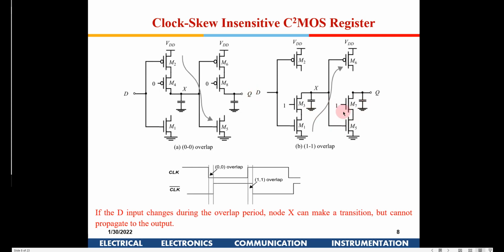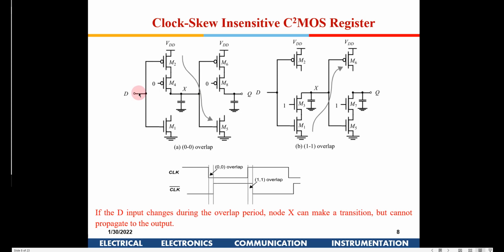Okay, the same thing happens here. Let's take that condition also. Suppose D is 0 here, and initially this is 1 out here. If this is 1 here just before the clock gets switched on, it will be 0 here. So there is a 0 available here.